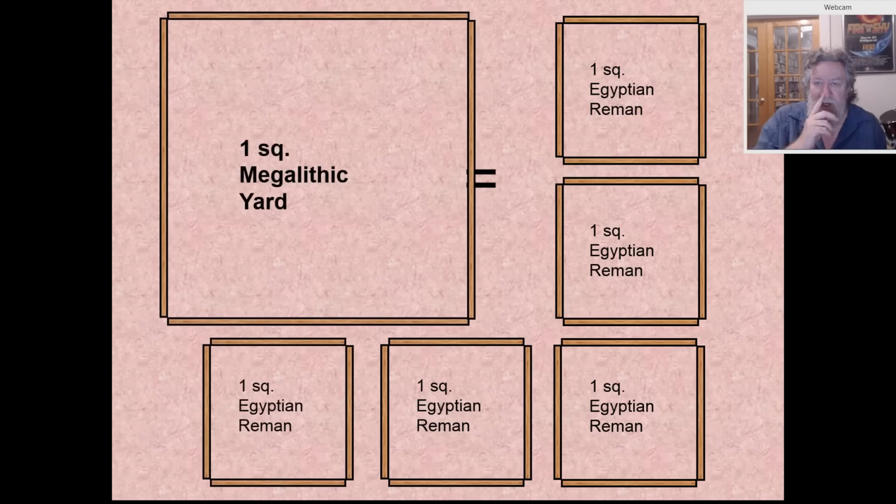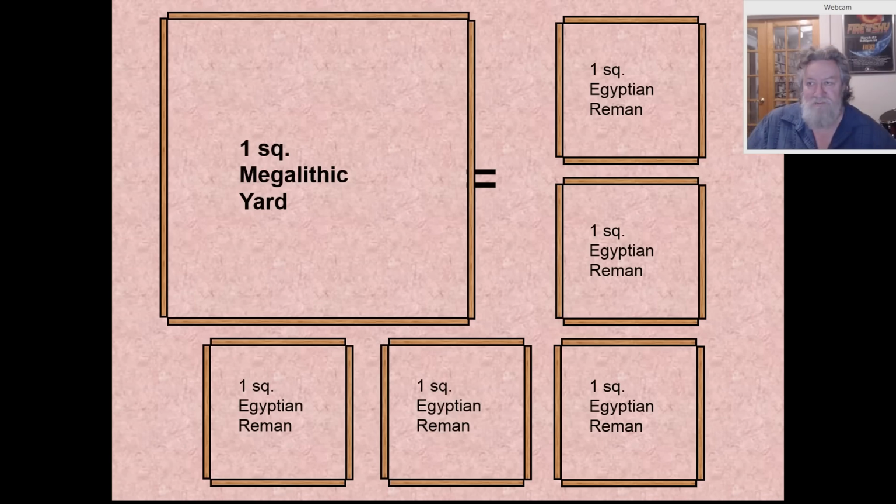Then we go to the megalithic yard, and we see the same process happening here, the same relationship. 1 square megalithic yard is exactly equal in area to 5 square Egyptian Remens. So now think about this. 4,000 years ago, in Egypt, you've got builders and architects using Egyptian Remens and royal cubits to lay out sacred structures.